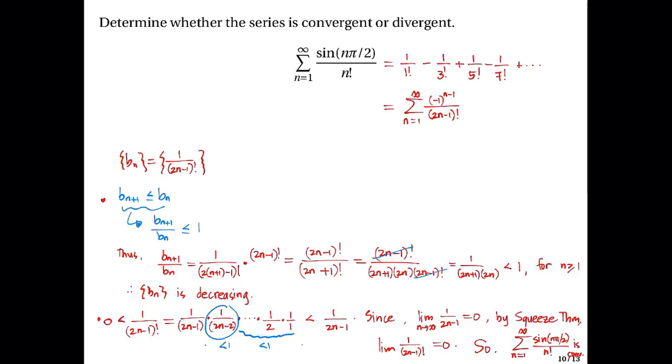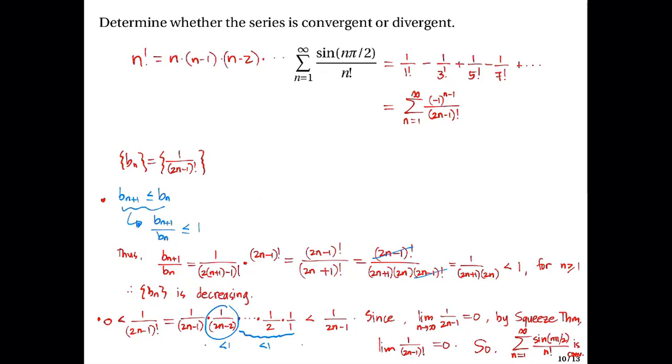So, question here, paano naging less than 1 yung 1 over 2n minus 2? Think of this, yung 2n minus 1 factorial, di ba yung n factorial, this is n times n minus 1 times n minus 2 times that.